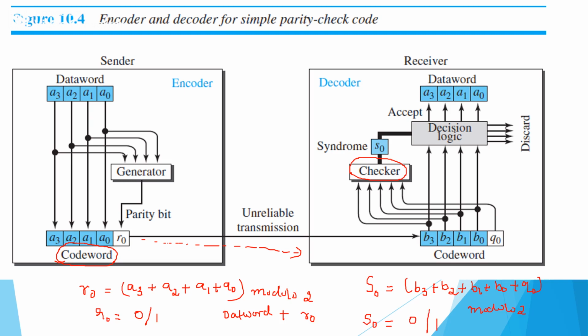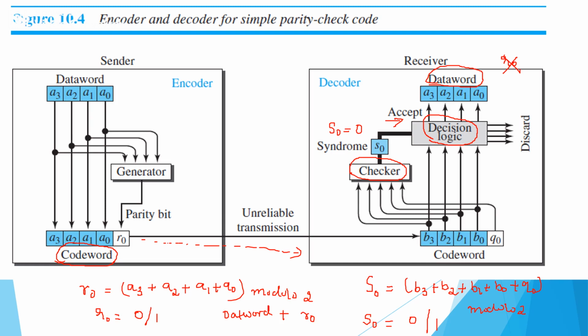If the generated syndrome value S is equal to 0, the receiver will accept the code word and transmit it into the decision logic. The decision logic will extract the data word from the code word by removing the value of R0.